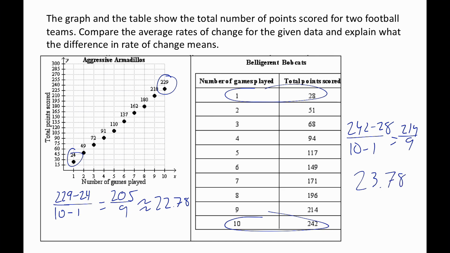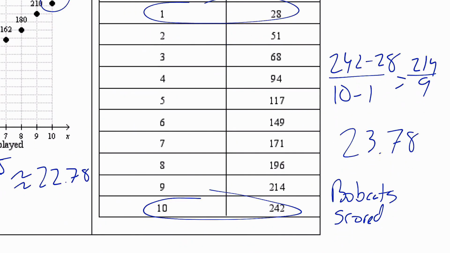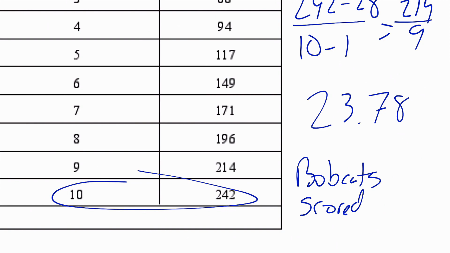That just means, on average, the Bobcats scored more. In this case, you probably could have figured that out because after 10 games they had more points, but it's nice to be able to back it up with some actual solid calculations.